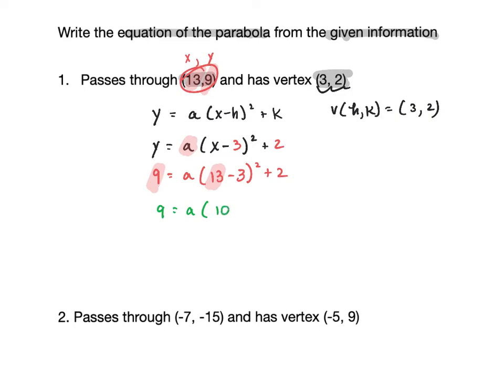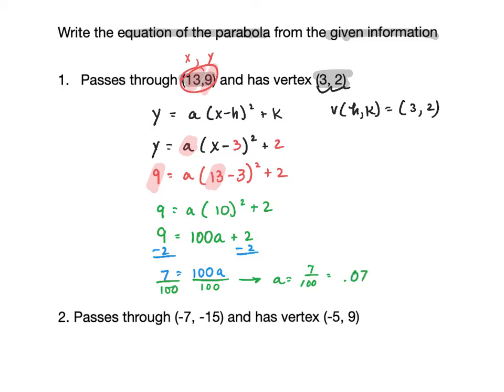13 minus 3 is 10. Okay, so I've simplified it. I can square that 10, so that's 100 times a, or a times 100. And now to solve, I have to undo addition first, and then undo this multiplication with division to get the a alone. This tells me a is 7 over 100, or 7 hundredths, 0.07.